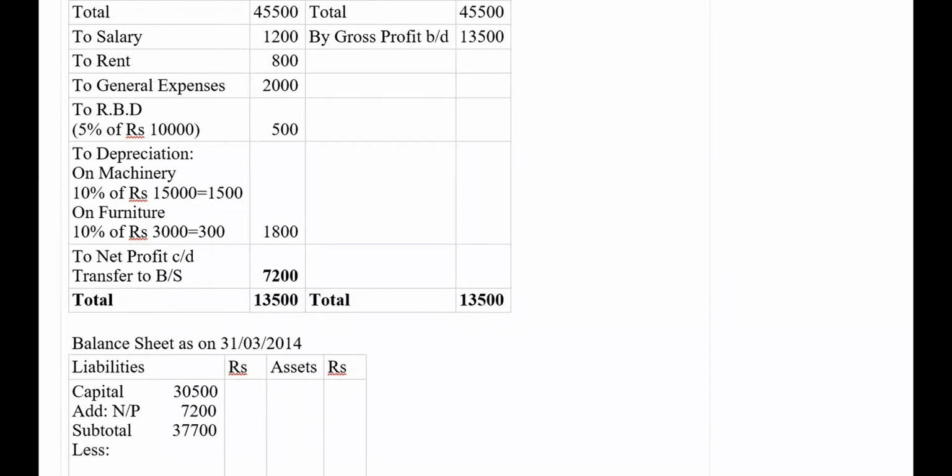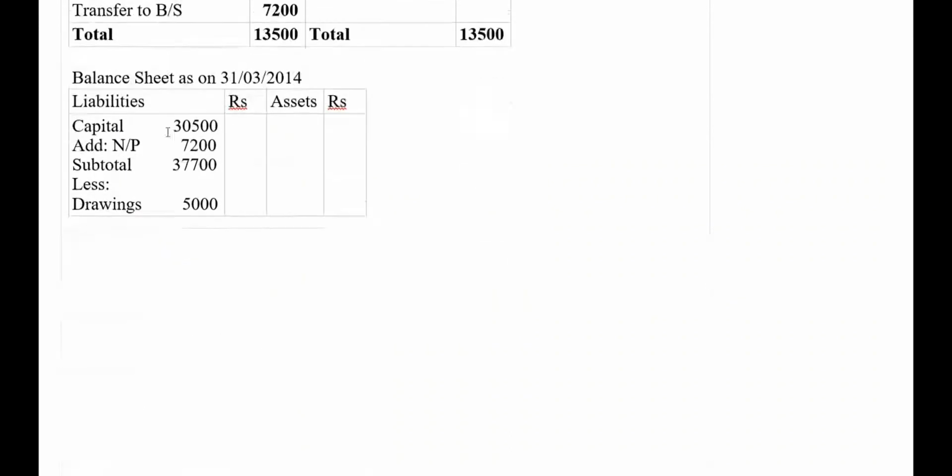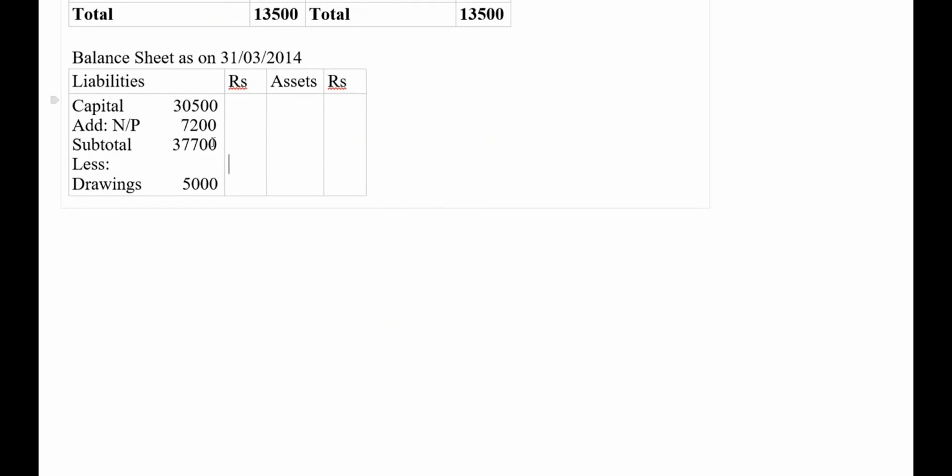Less drawings. So drawings are rupees 5,000, which are given in the problem. So 5,000. So the difference will be now 32,700. Then next here, cash, closing cash balance, it is given as 500. Then next one here, creditors rupees 2,500.